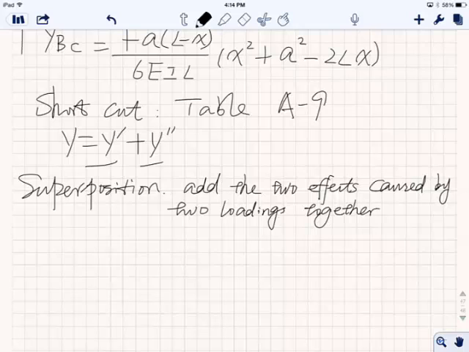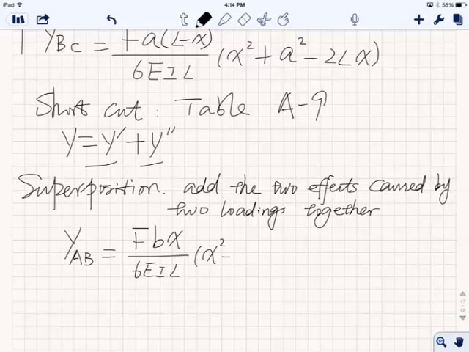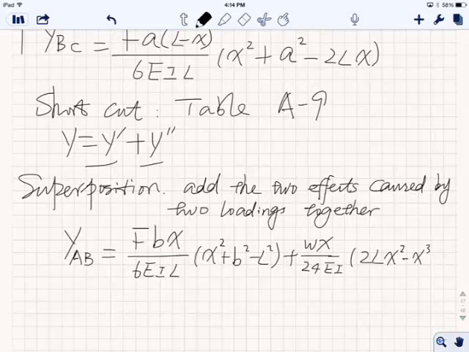Okay. All right. So in this case, y_AB equals F b x divided by 6 E I L times (x squared plus b squared minus L squared), plus w x divided by 24 E I times (2 L x squared minus x cubed minus L cubed).